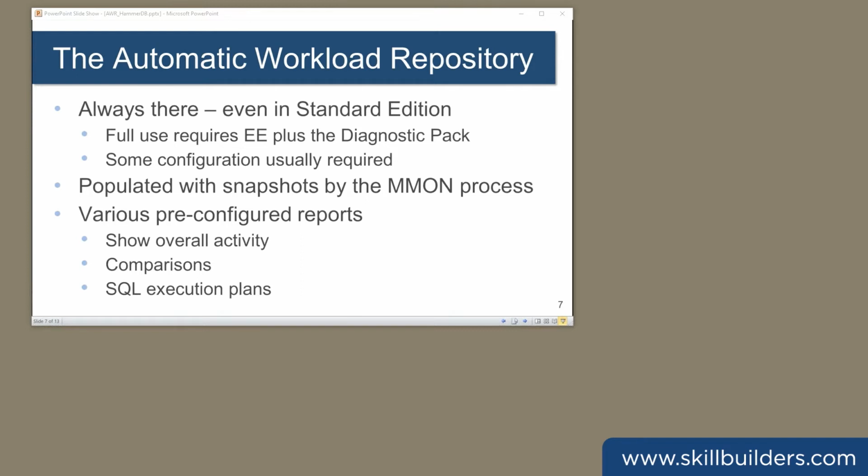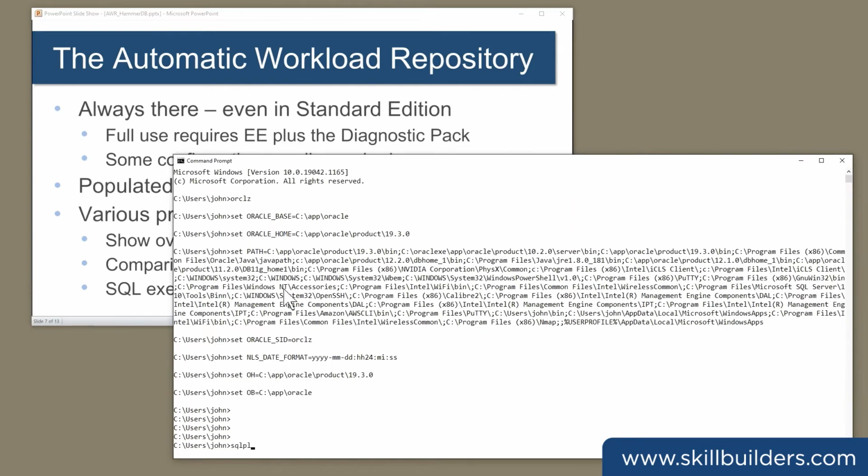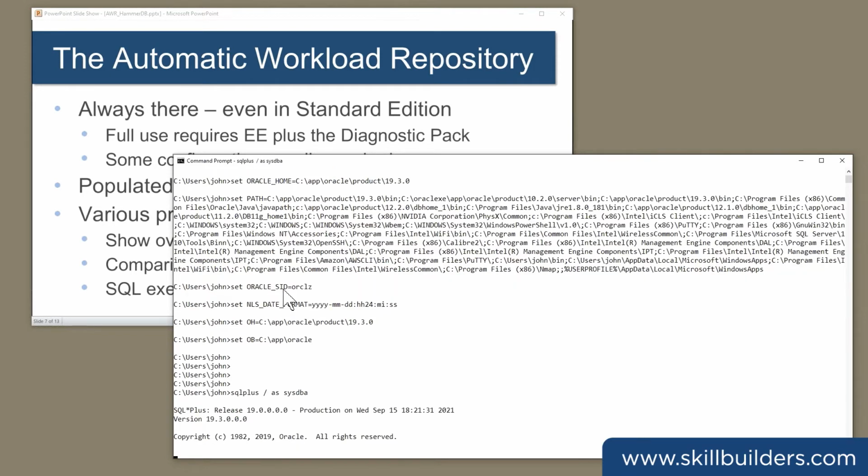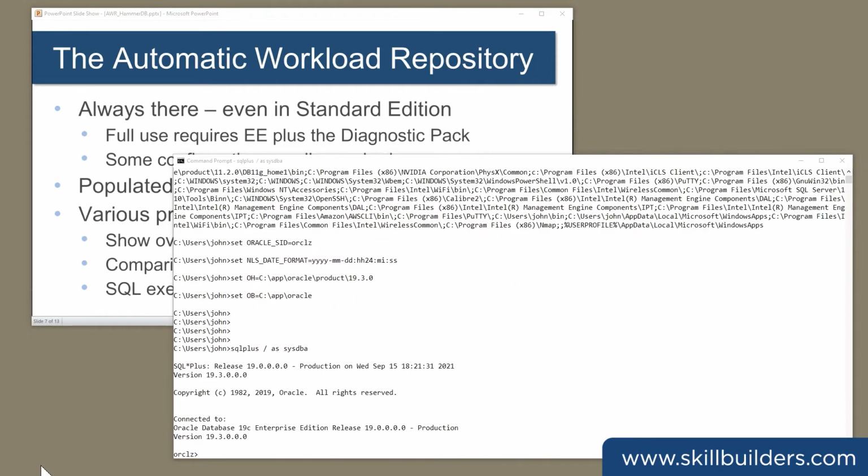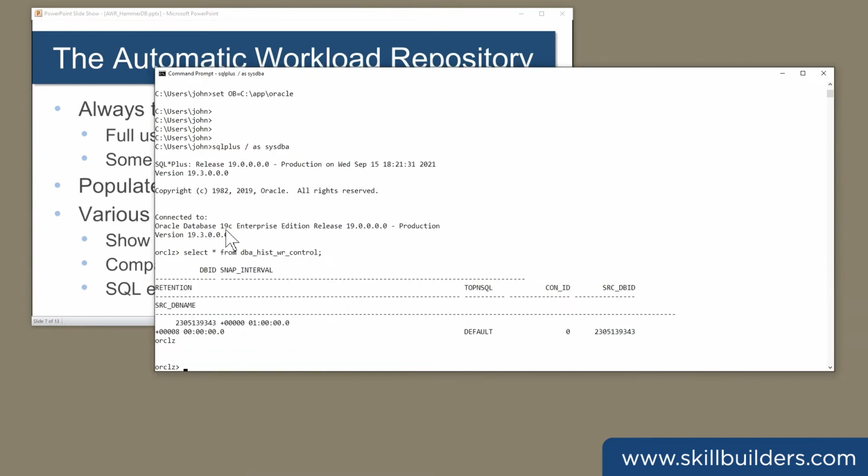If, for example, let me get a window up. My little database here. How is my AWR configured at the moment? Well, DBA_HIST_WR_CONTROL, workload repository control, and we see here on my little database, just look at that view, just describe it.